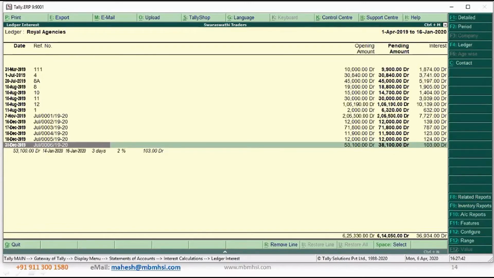It is saying 14 January, because there was 10 days of credit and 3 days of grace period. So the applicability due date for calculation of interest now stands at 14th of January.